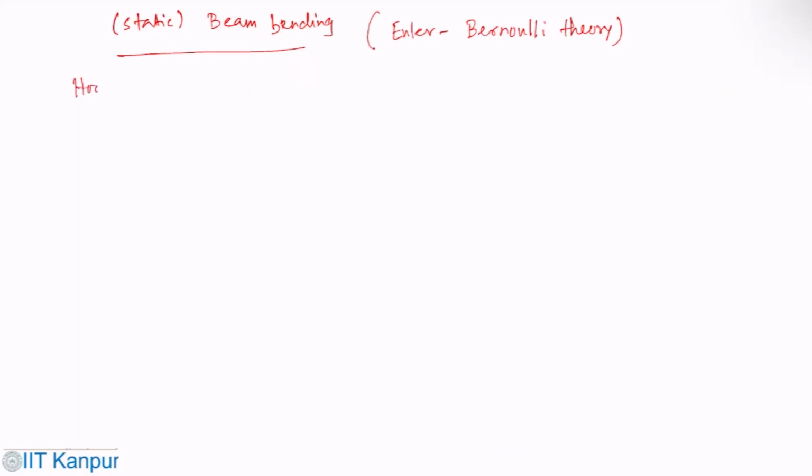From Hooke's law, sigma is E into epsilon, where sigma is stress, E is Young's modulus, and epsilon is strain or deformation, whatever you call it.